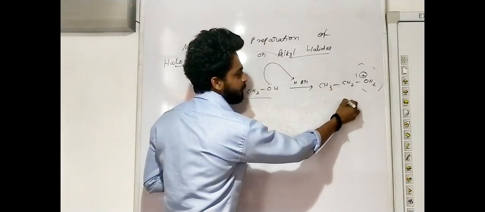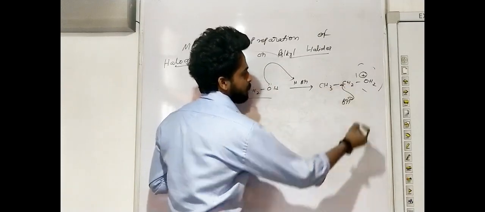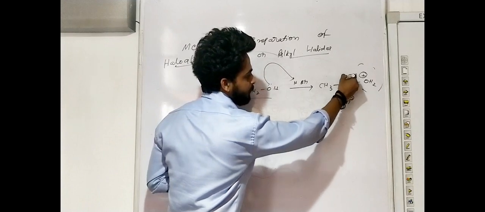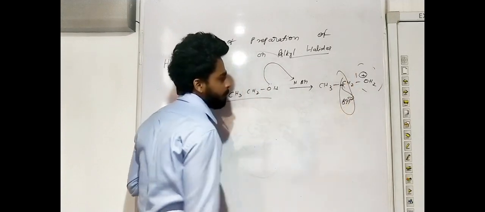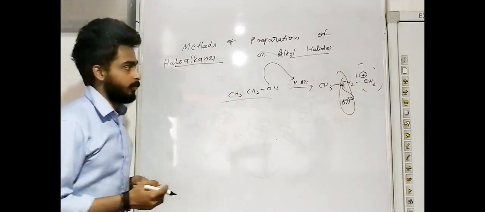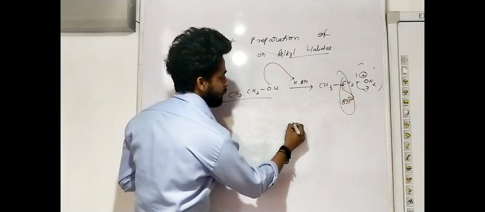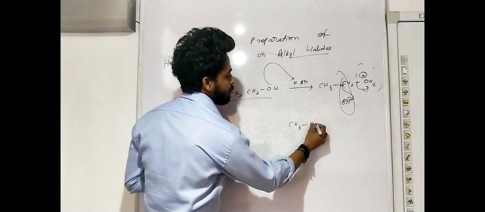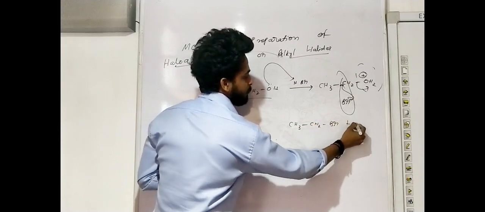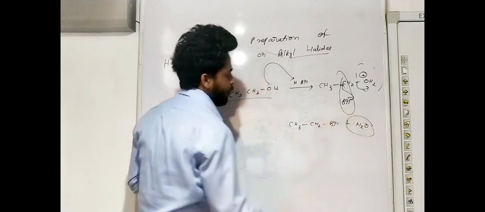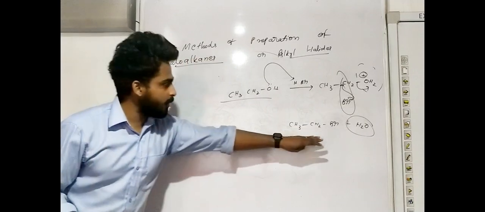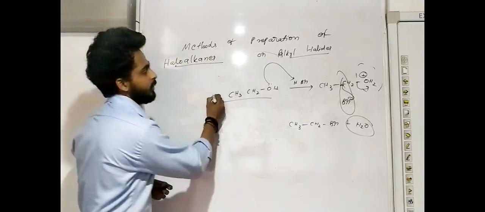So bromide will come and attack this carbon atom. What we are doing is making a carbon-bromine, or carbon-halogen, bond. The OH2 plus will leave. So we will get CH3CH2Br plus H2O. So we prepared a bromoalkane from ethanol.